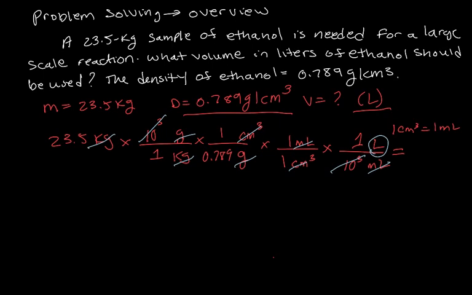At the end of the day, you're saying 23.5 divided by 0.789. And when we plug this in, we get 29.8 liters. So we need 29.8 liters of ethanol to do this reaction on a large scale.